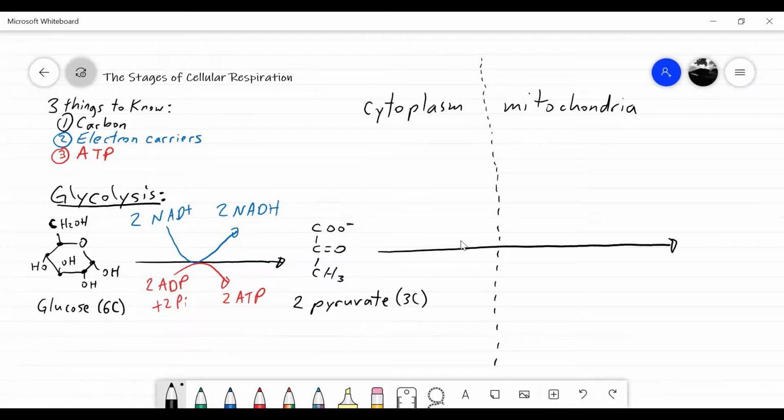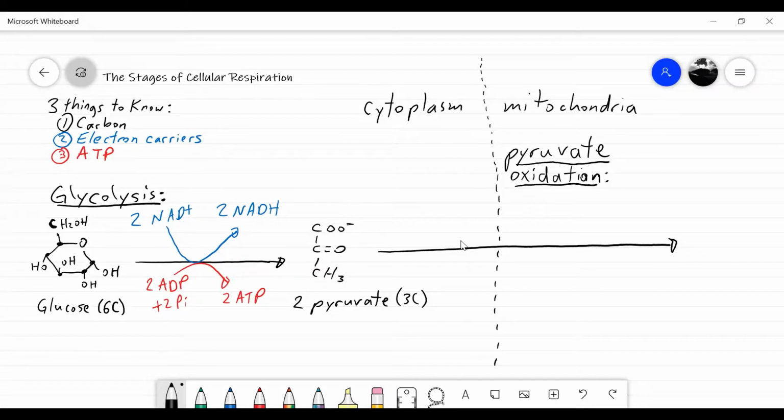And this stage is called pyruvate oxidation. I have seen at least one textbook call it pyruvate decarboxylation, which means it's losing a carbon dioxide as well.